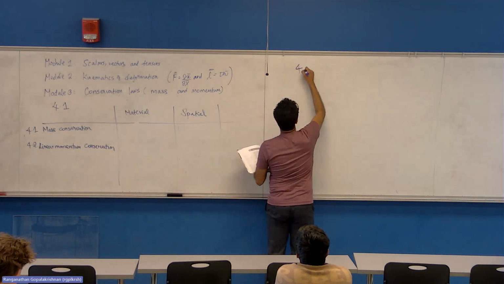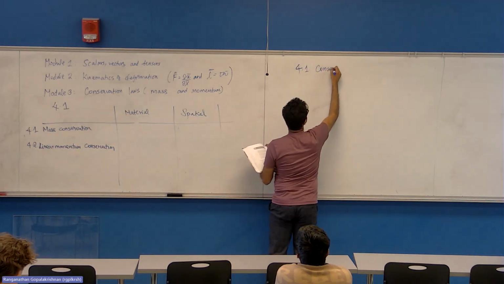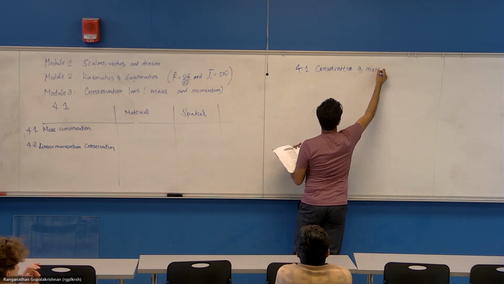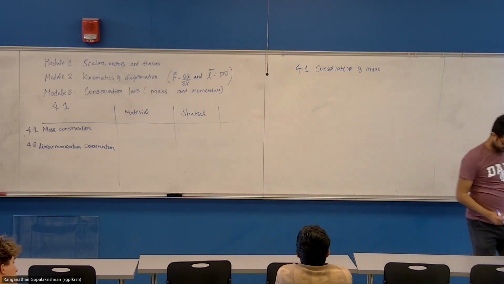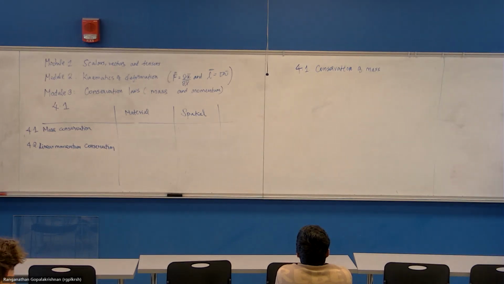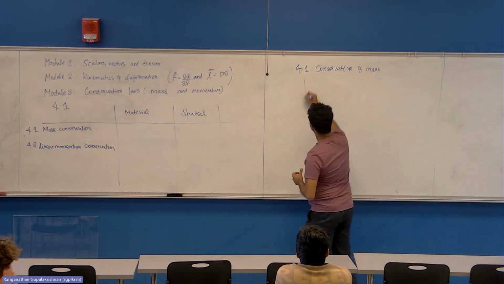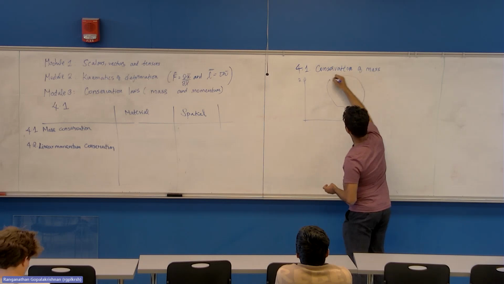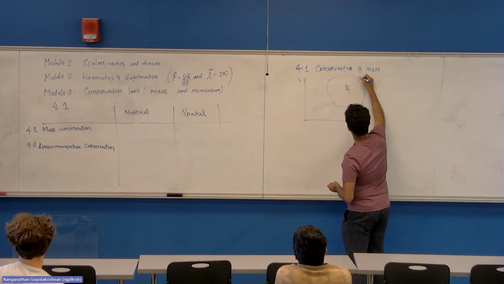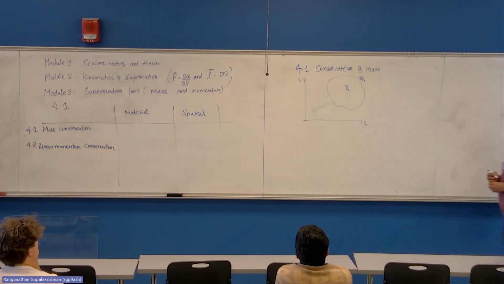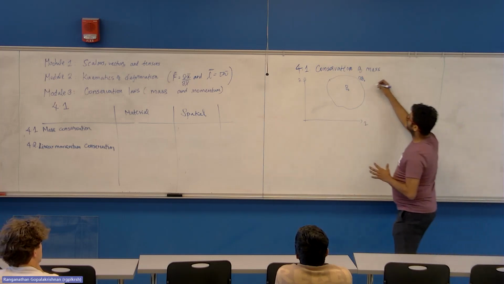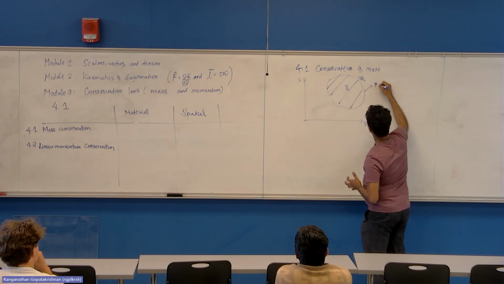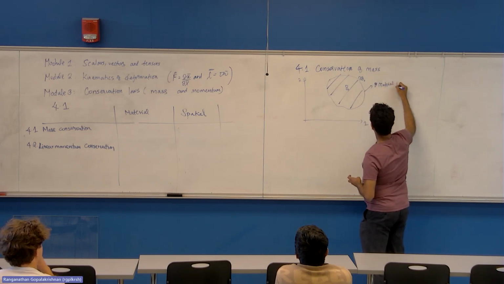Section 4.1, conservation of mass. So let's say we have a body. It initially has a configuration, we'll call it B naught, and it has a surface shape, we'll call it partial B naught. And this is our material particle.